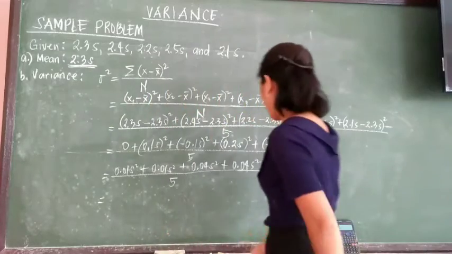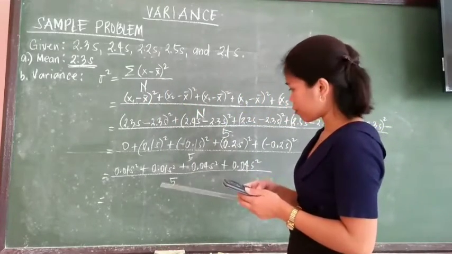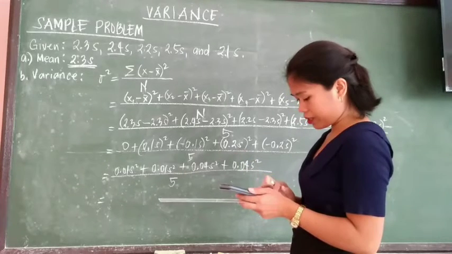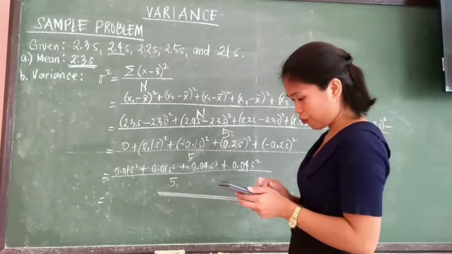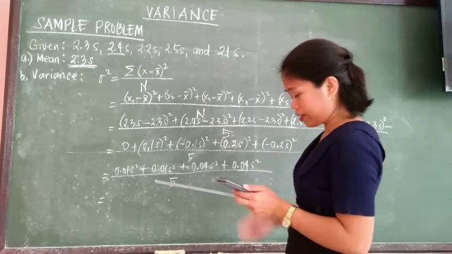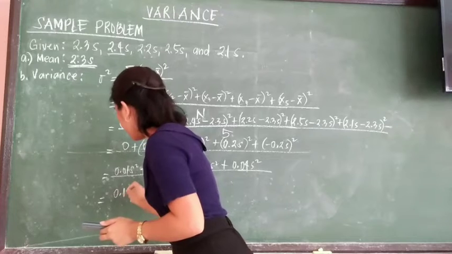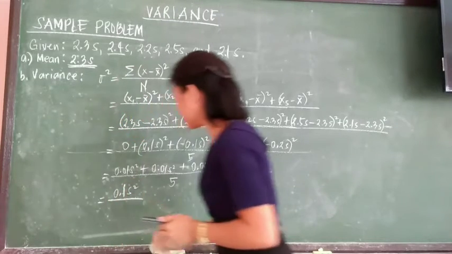Let's add these values. 0.01 plus another 0.01 plus 0.04 plus 0.04 is 0.1 seconds squared.